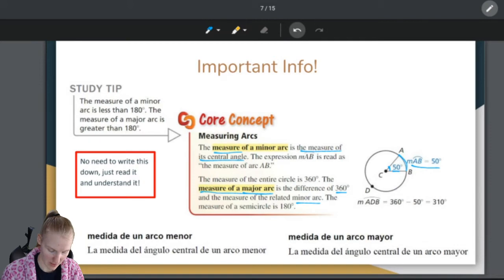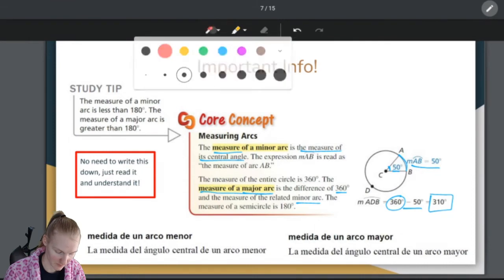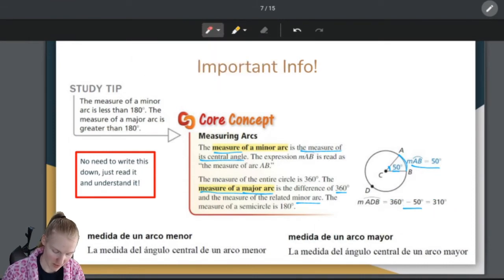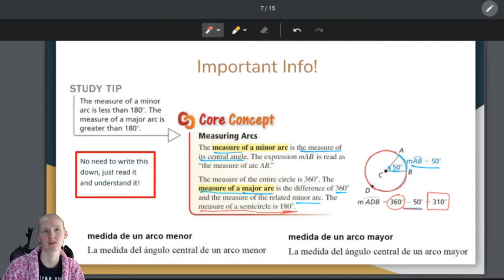So if I take 360 minus 50, I get what's left over, right out here. And the measure of a semicircle is 180 degrees, because that central angle is 180.